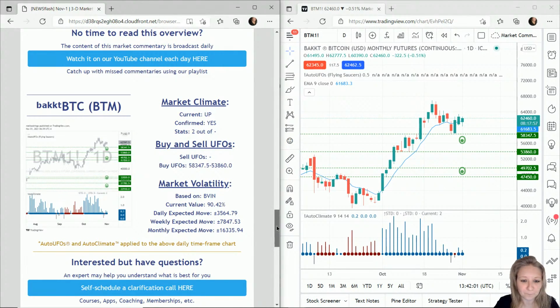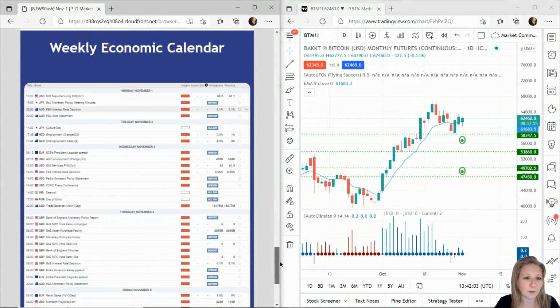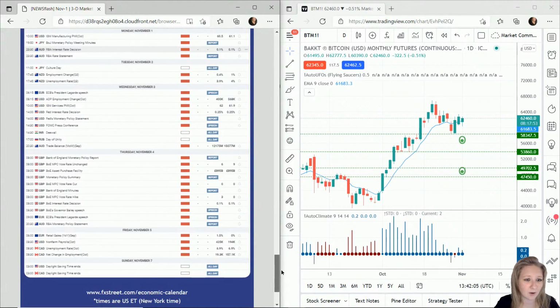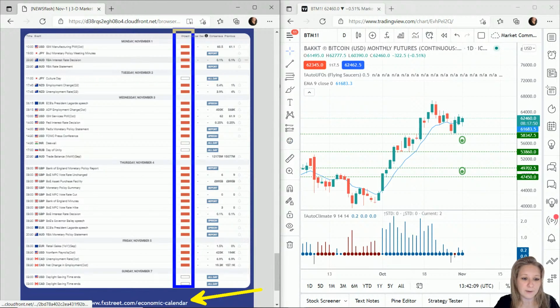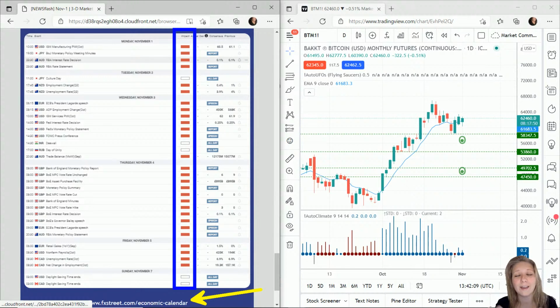Now, one more thing to be aware of is our weekly economic calendar, which looks like a long one this week. So we get this from fxstreet.com, the economic calendar. And what we do is we filter by high impact news, meaning we want to know which scheduled news reports are coming out that could create volatility in the markets, that could push these markets up or down maybe a little bit erratically.